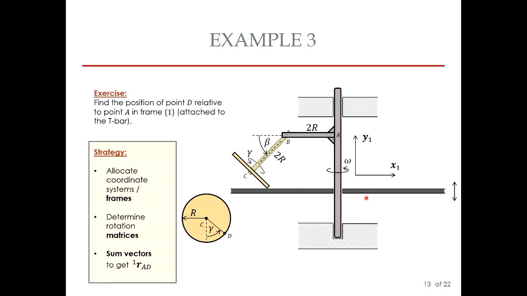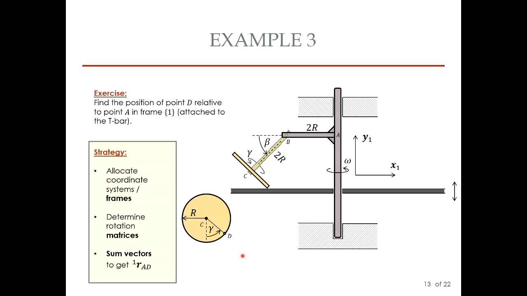So this point D would be the bottommost point on the wheel when gamma is 0. Otherwise, gamma is not fully defined, or the configuration of the system is not fully defined.